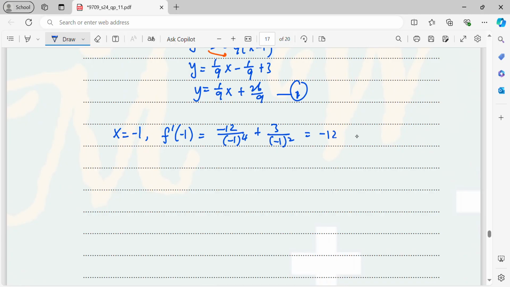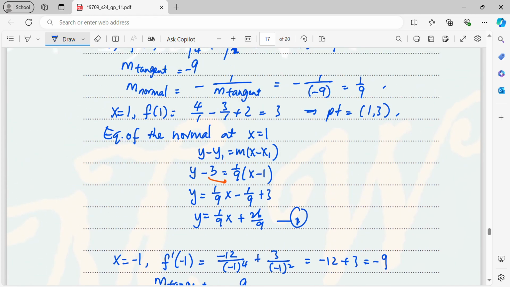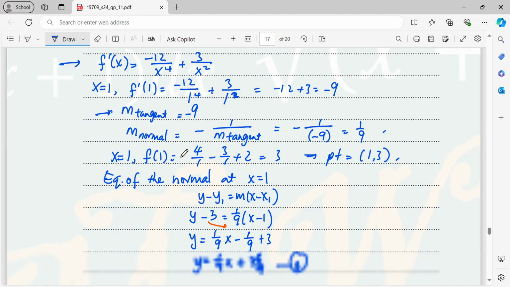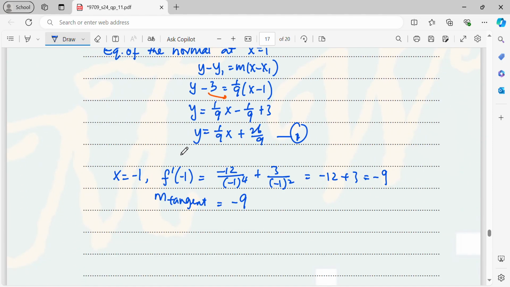Then you are getting minus 12 plus 3, that is minus 9. That means the gradient of tangent is minus 9. Okay, so this gradient of tangent, minus 9, is the same as the previous gradient of tangent, which means when x equals 1 and minus 1, the gradients of tangent will be the same.